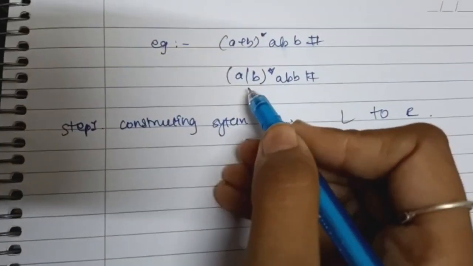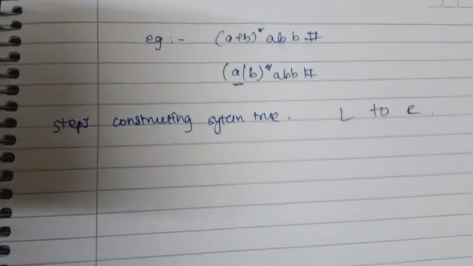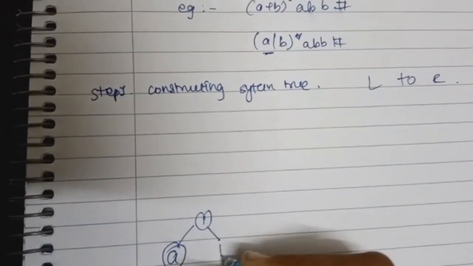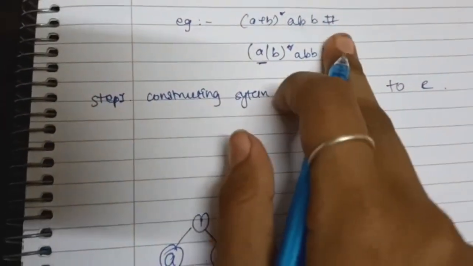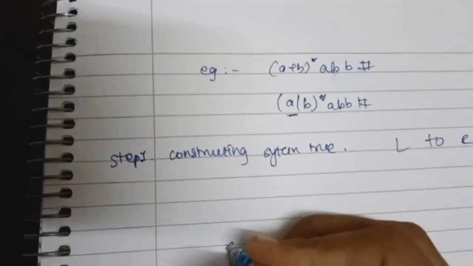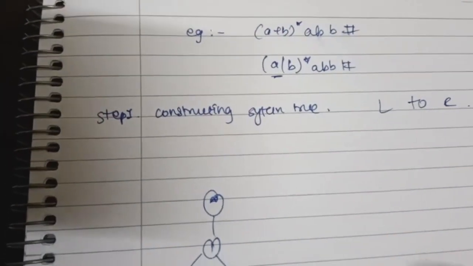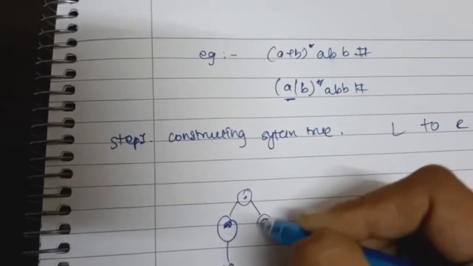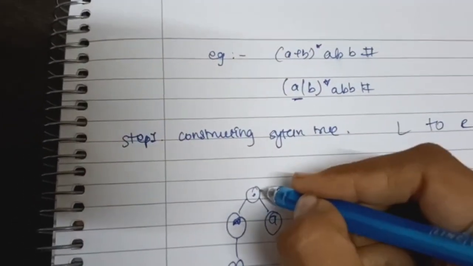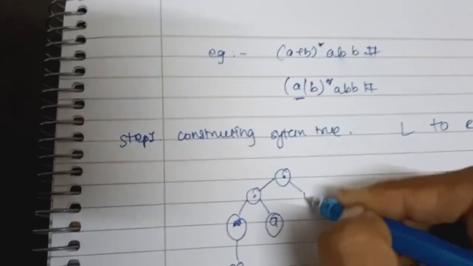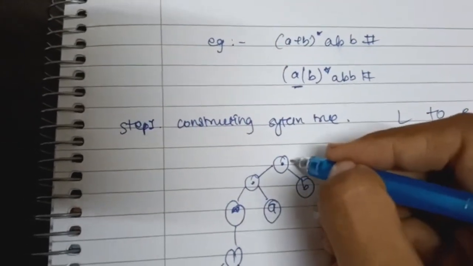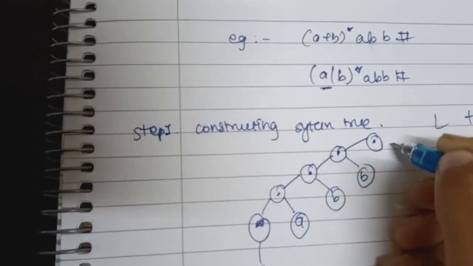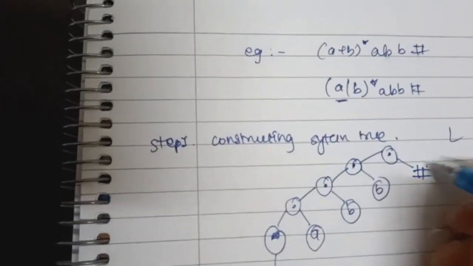So first we need to scan from left to right. What is this? A. Then or B. Then what is it? Star. So this is the star. Then what we have to do? Concatenation with A. Then concat with B. Concat with B, and then again concat with this hash.